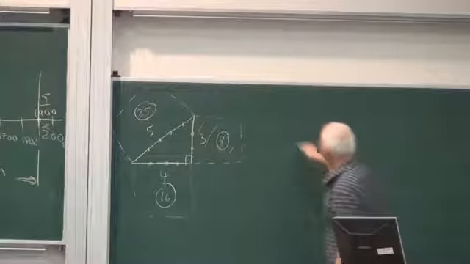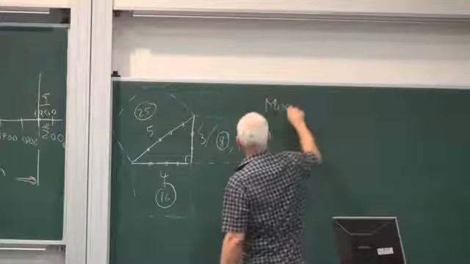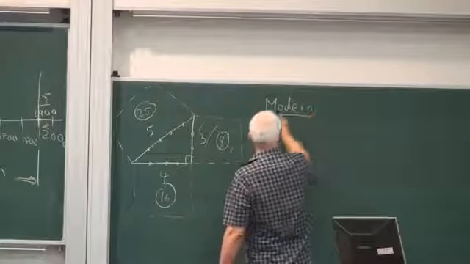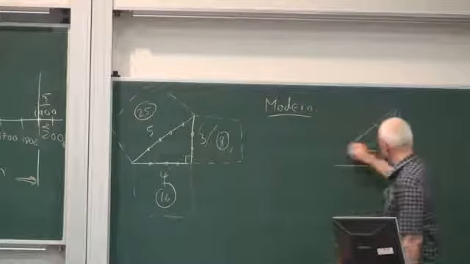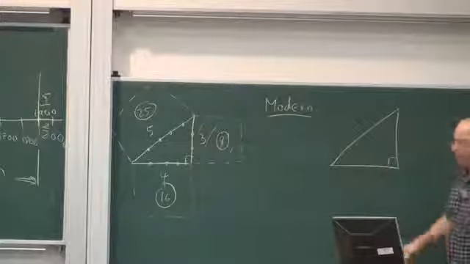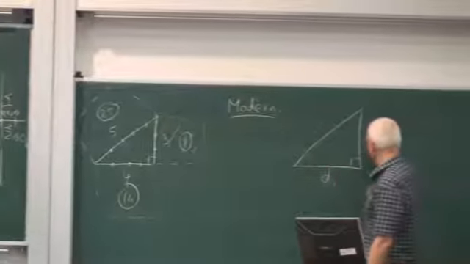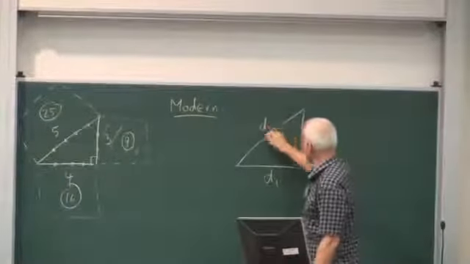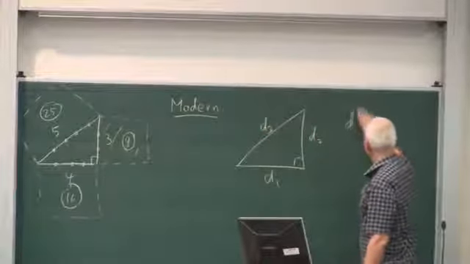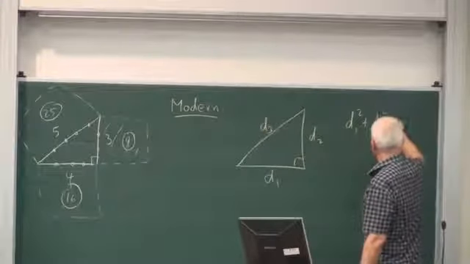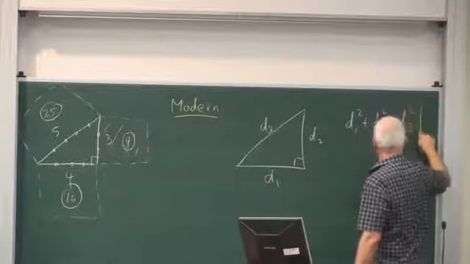These days, the modern formulation is to say, all right, we have a right triangle with side lengths d1, d2, d3, then d1 squared plus d2 squared equals d3 squared.